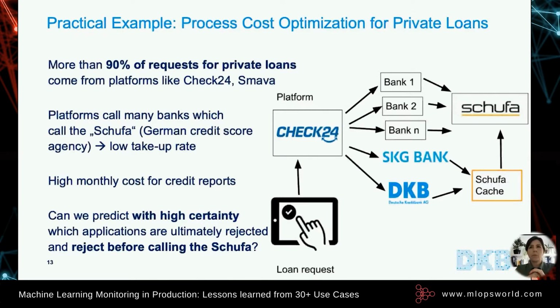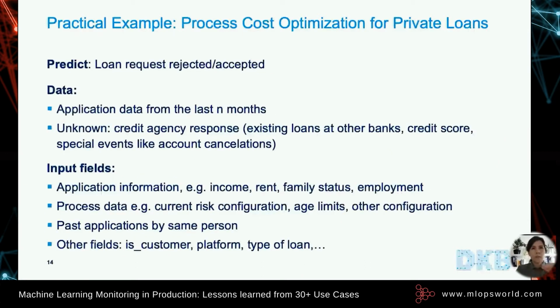And we are calling the credit report agency, and they charge us for each request. So ideally, we would like not to call this costly external service if we already know that this customer will probably not get the loan with a really high certainty. As inputs, we have a bunch of data fields about the application and the customer, and we would like to predict if the loan will be accepted or rejected on our end.